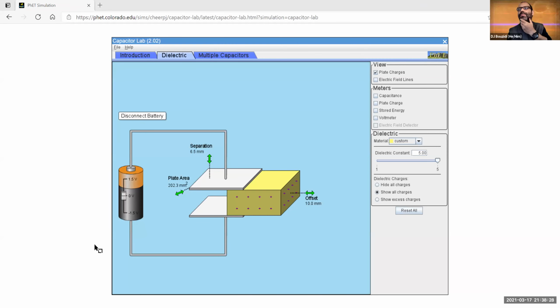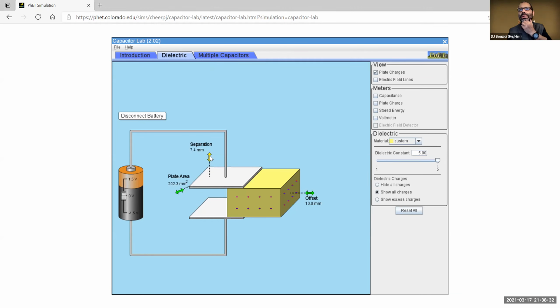Between 7.5 and 8.5. I have it too small, so I need to increase separation. 7.9 is fine.